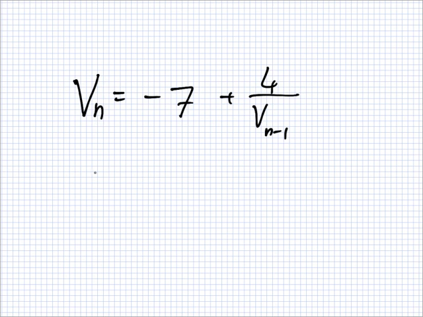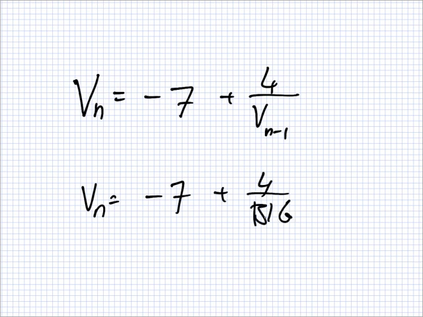Well, imagine that my value was big. What would be the next value? It would be minus 7 plus 4 over a big number. Now what's 4 over a big number? It's very small, so I'll get minus 7. So this is why I don't think it's divergent, because it's difficult for me to imagine how this sequence could become very large, because every time it becomes very large, it gets snapped back to minus 7 due to the nature of the formula. So it's convergent.